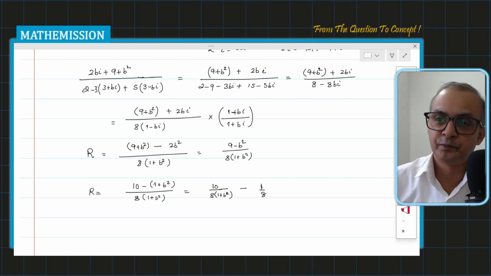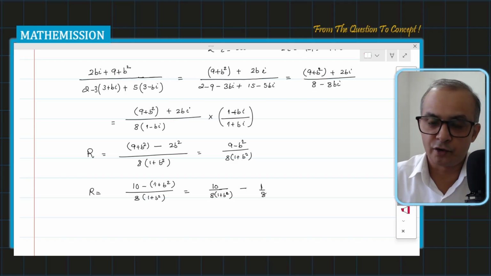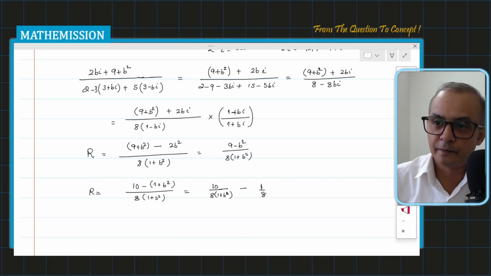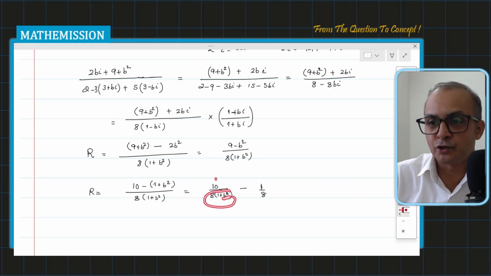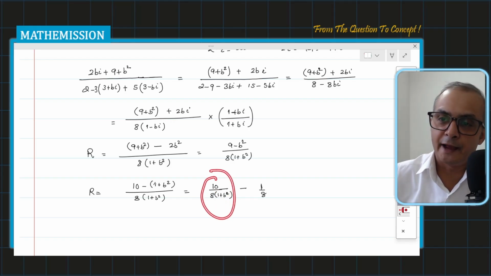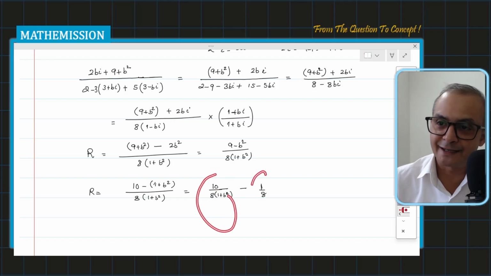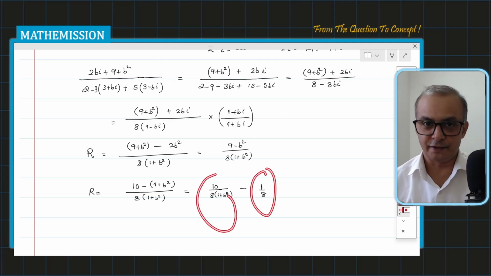You notice that to find the maximum value of r, we get it when this value becomes minimum, because when this is minimum, the whole thing is maximum, and from that maximum you are subtracting something, so you'll get the maximum difference.